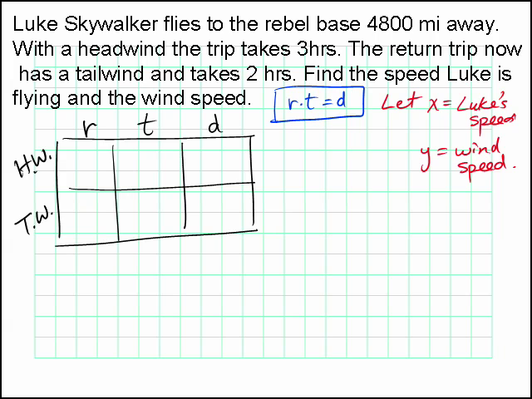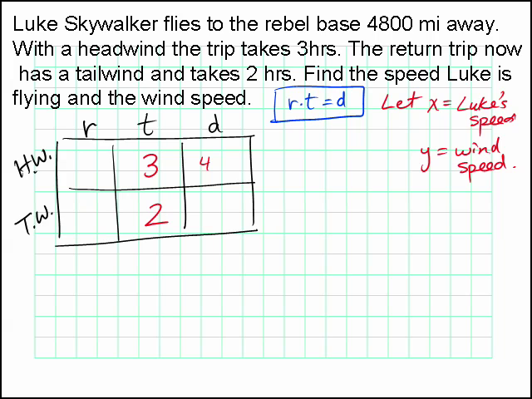We know the headwind trip takes 3 hours, so I can put that number in there for time for the headwind trip. And the return trip took 2 hours, so that's a 2 there. Now the trip is 4,800 miles, so this is a 48, oh wait a second.